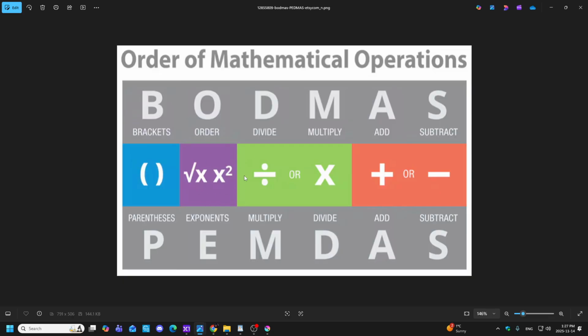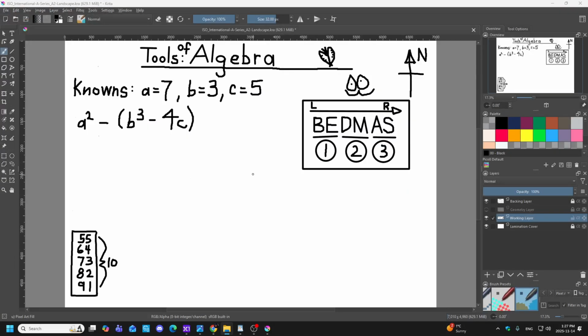We are working with exponents, so that is something we have to make sure we complete. Any division, multiplication that may be in the problem, we will do. And then lastly, addition, subtraction. Again, the more problems you do, the better you're going to get, and you'll also know when to do what. Okay?